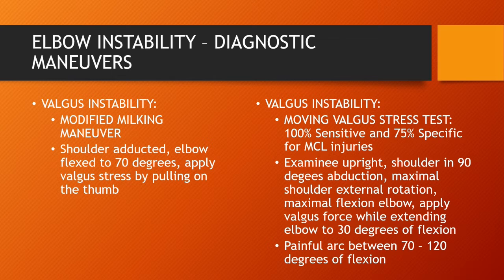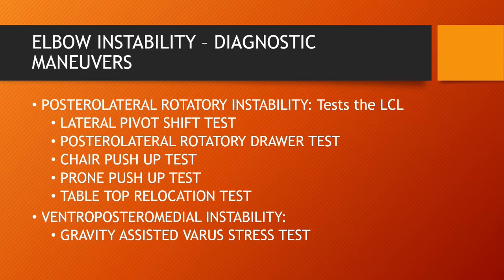Let's now talk about some of the rotatory and varus instability examination maneuvers. For the assessment of posterolateral rotatory instability, which tests the lateral collateral ligament, we're going to use the lateral pivot shift test, the posterolateral rotatory drawer test, the chair push-up test, the prone push-up test, and the tabletop relocation test.